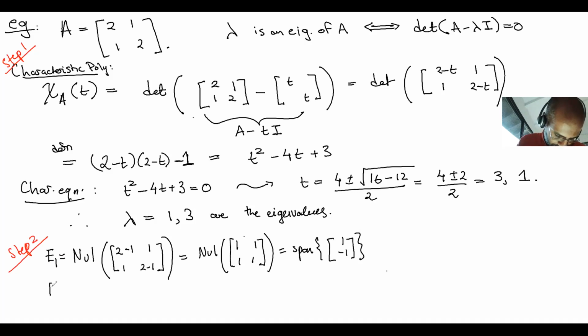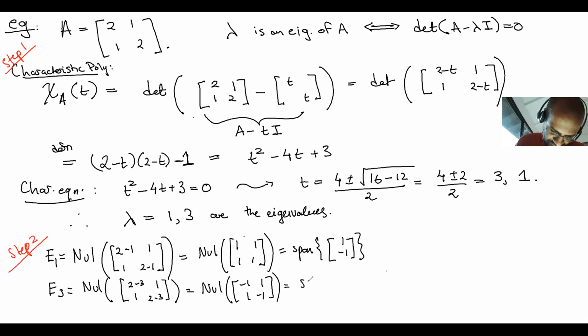And E3, which is the other eigenvalue, is the null space of the matrix 2 minus 3, 1, 1, 2 minus 3, which is the null space of the matrix minus 1, 1, 1, minus 1, which is the span of this vector.